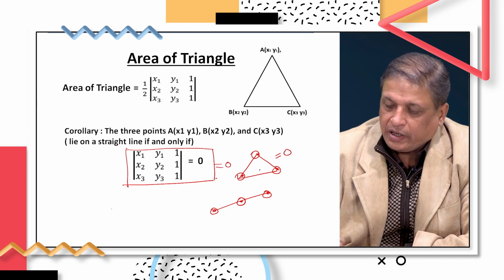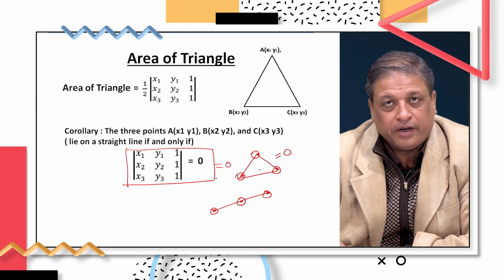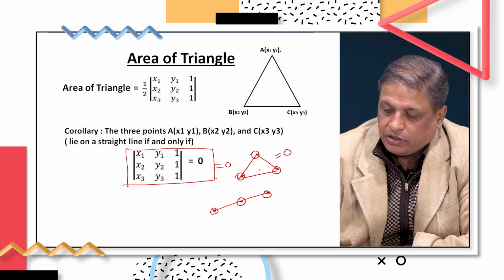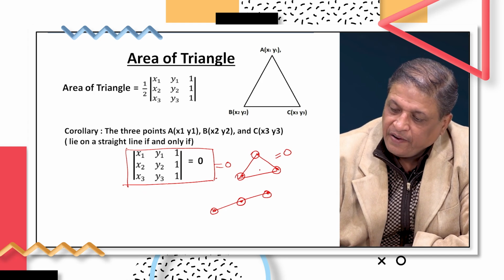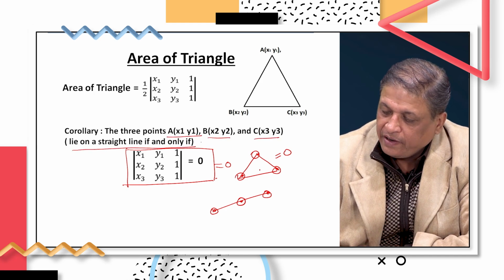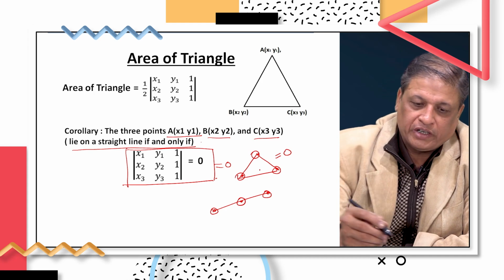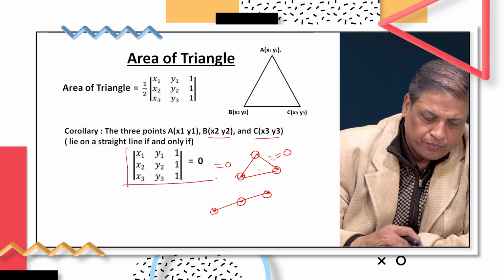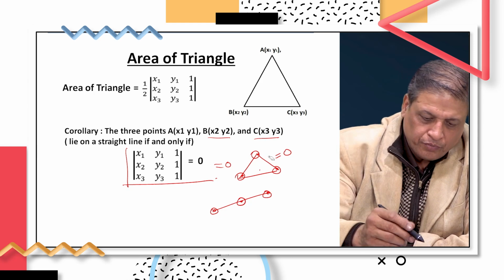So if you calculate the determinant of the values supplied for any triangle and it turns out to be 0, then you can say that the 3 points x1 y1, x2 y2 and x3 y3 lie on the same straight line, and that means the points are collinear. So this is one of the concepts.